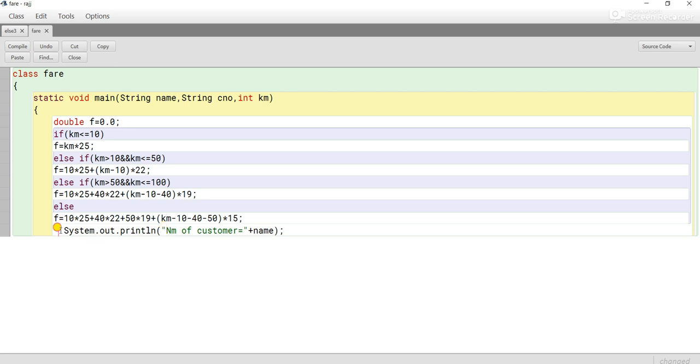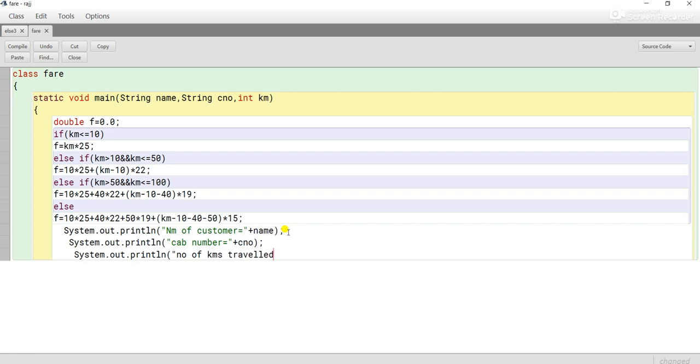The next case, we need to display the cab number also. So that's why System.out.println. I need to give cab number is equal to, that is stored in CNO. Okay, right. Then next we need to display the number of kilometers traveled. Number of kms traveled is equal to, that is stored in the variable called km, we displayed.